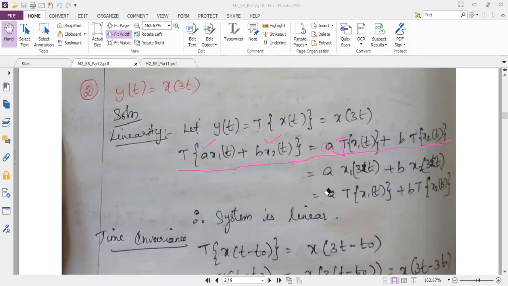Like the earlier problem, up to this is fine. Then after that, as per the earlier problem, I have to take the left hand side. My left hand side is T of a into x1 of t plus b into x2 of t.